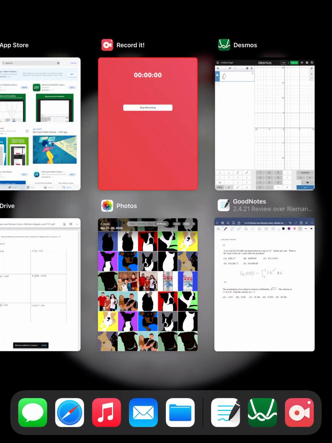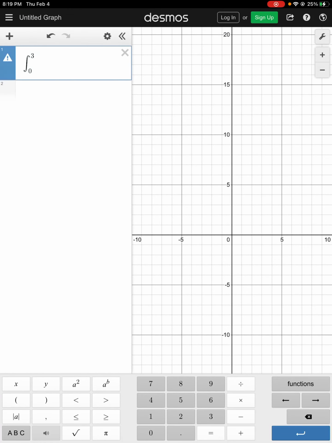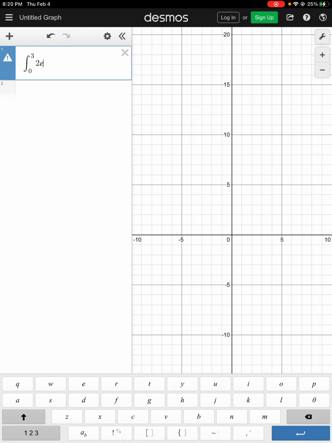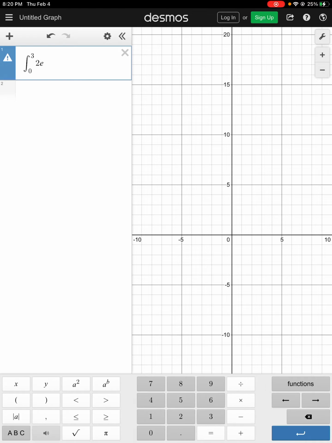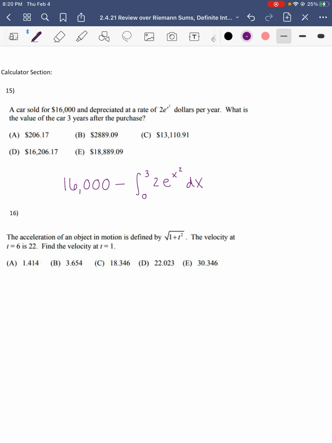And then, what was it? 2e to the power of x squared. Don't forget the dx here. And we get 2889.090.